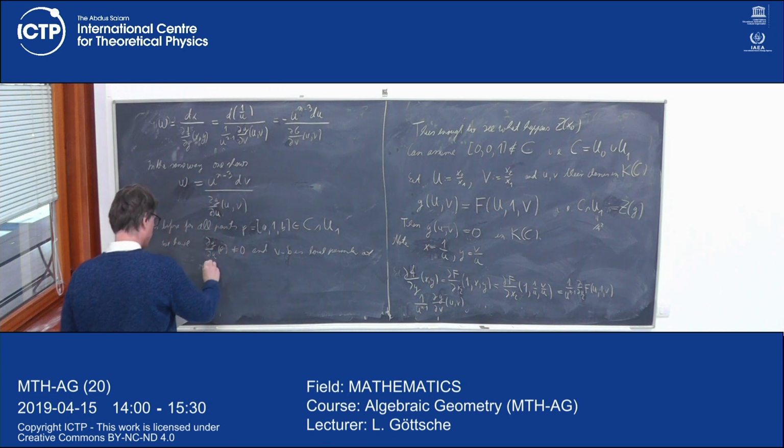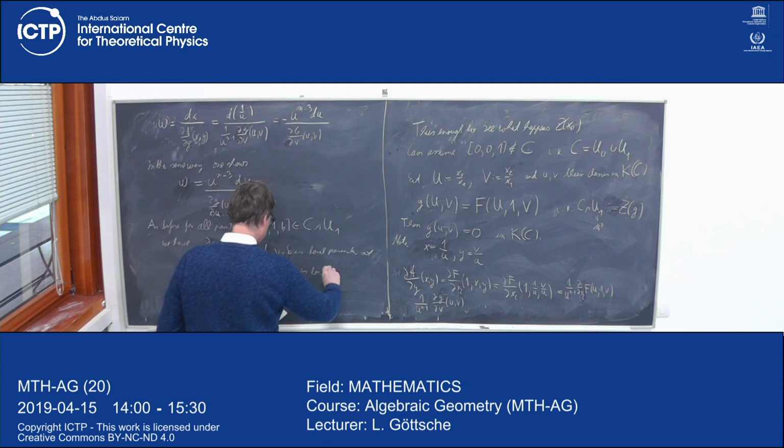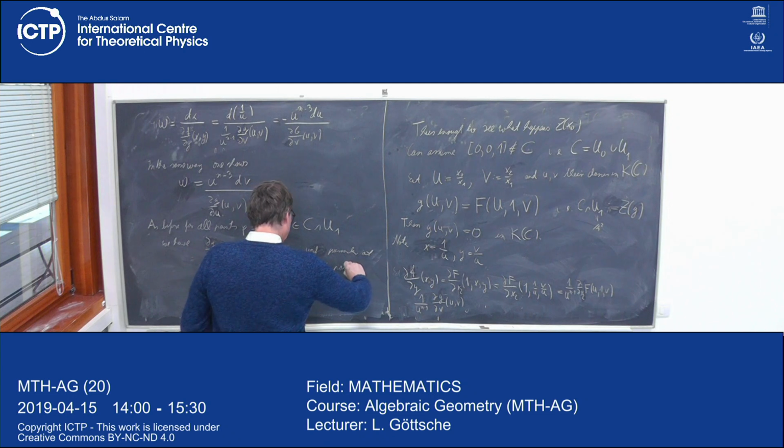or dg by dv at p is non-zero, and u minus a is a local parameter. And uniformizing was the word I used, at p.